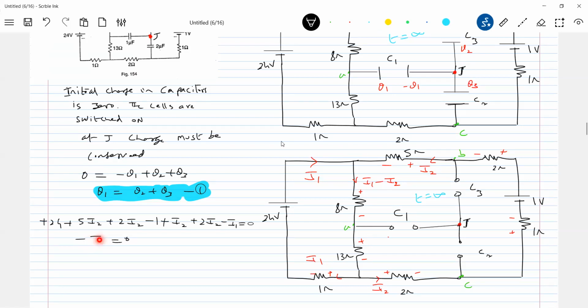Now, what is this path? We have traced it like this from here: plus 24, plus 5I2, plus 2I2, minus 1 plus I2. Here current I2 will flow.